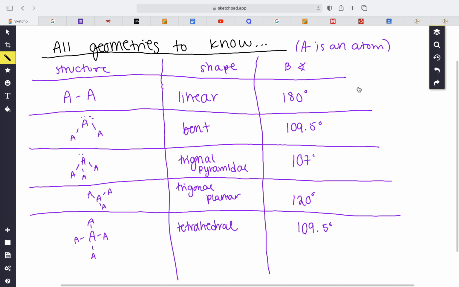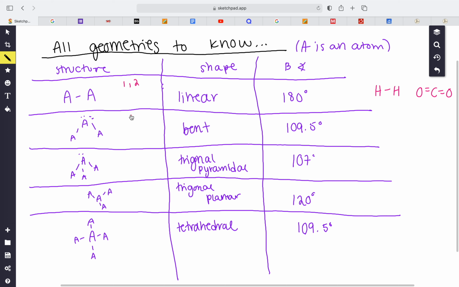So, an example of linear, I said AA, but let's give you guys an example. Let me think of one. Just hydrogen as a gaseous molecule, that's linear, or carbon dioxide, those are both linear, right? So it's going to be 1 or 2 attached to the center.